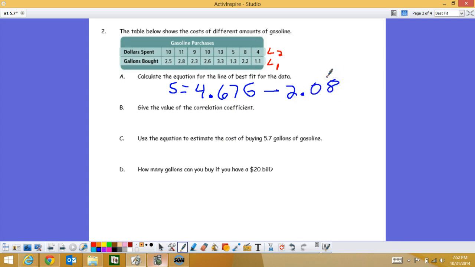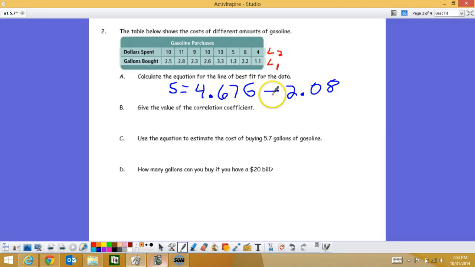What the slope basically means is that for every gallon more of gasoline we buy, the cost increases $4.67. So that's basically the price per gallon.